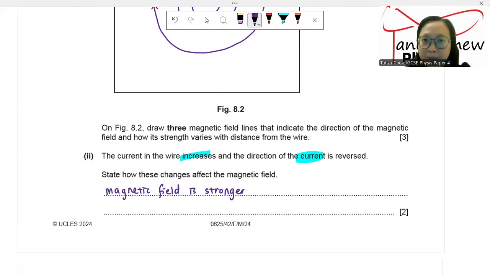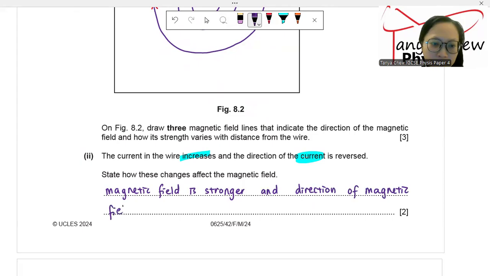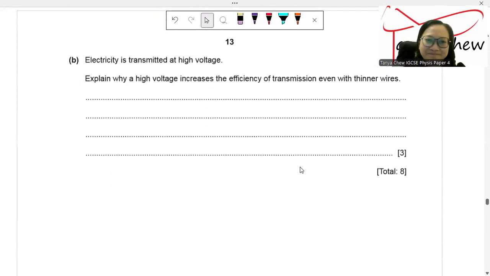Because the magnetic field depends on the magnitude of the current. And direction, because the current is reversed, therefore the direction of magnetic field is also reversed. Instead of going clockwise, it will go anti-clockwise.